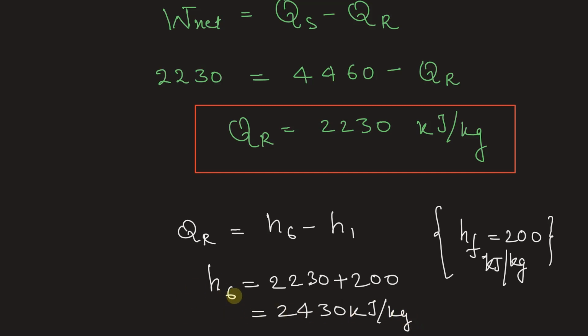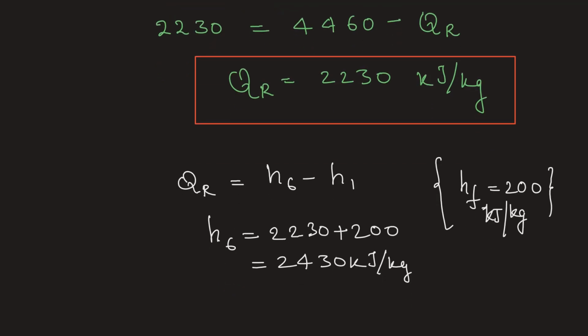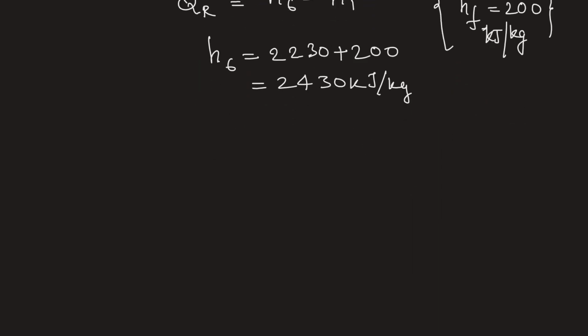So now we have the enthalpy at 6, at the inlet of the condenser. The quality of steam at the low pressure turbine outlet can be calculated using this formula. We have assumed it to be x, which equals enthalpy at the exit of the low pressure turbine minus enthalpy of saturated liquid, divided by the enthalpy of the vapor minus enthalpy of the saturated liquid.